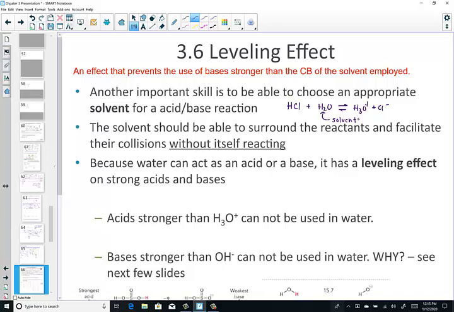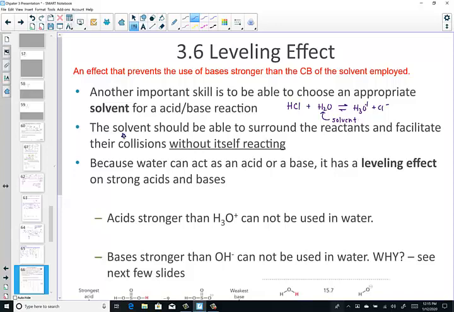It's the medium that allows molecules to collide with one another and to break bonds and to reform new bonds. Typically, a very common medium is water for acid-base chemistry. But sometimes water itself isn't a good choice, and let's talk about why when we discuss leveling effect.